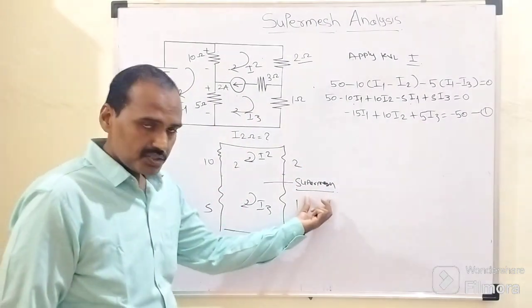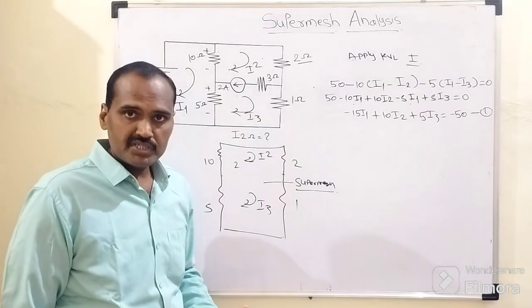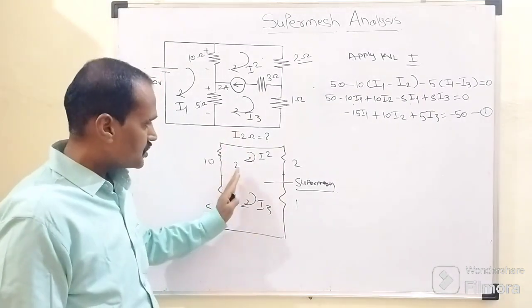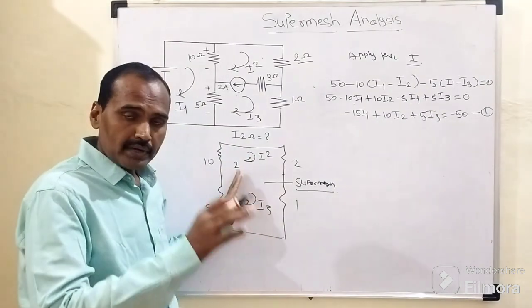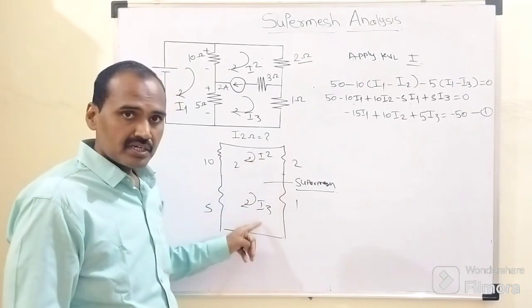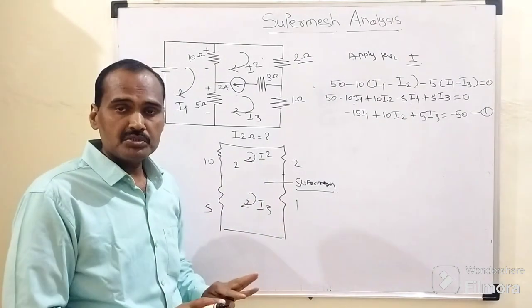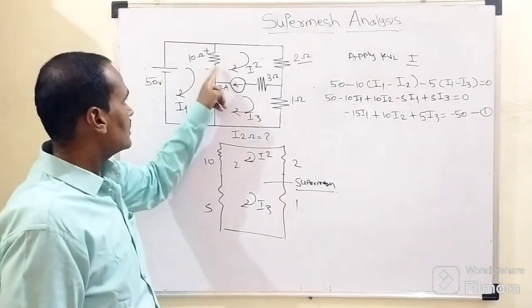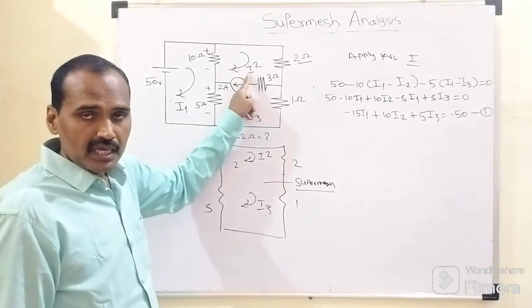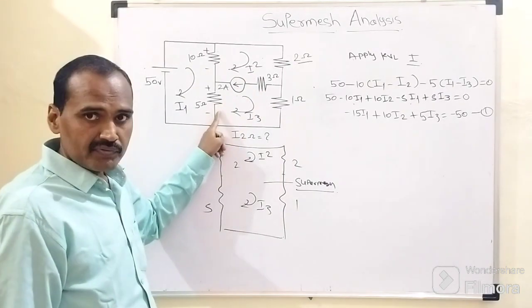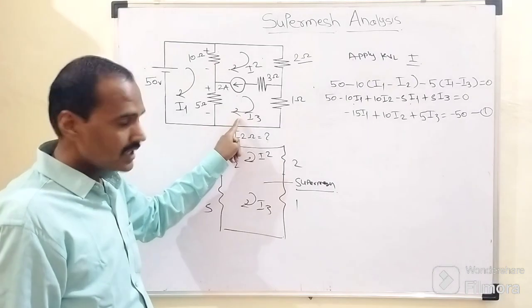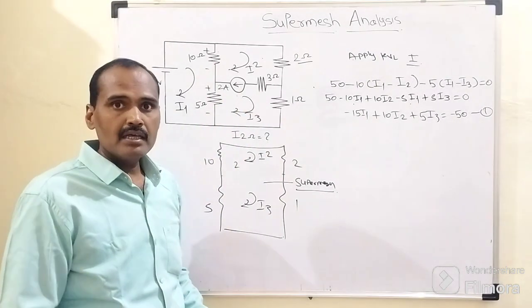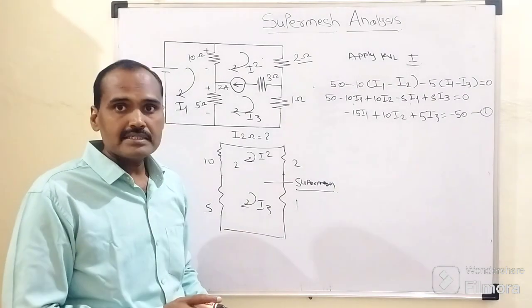Now while considering this super mesh, one important thing which we need to understand: when we apply the Kirchhoff voltage law to this super mesh, at that time these two branch currents will retain their position as they are. Means through this 10 ohm resistor there will be a circulation of I1 as well as I2. Through this 5 ohm resistor there will be a circulation of I1 as well as I3. Means even though this branch is being eliminated, these two currents will retain their identity.